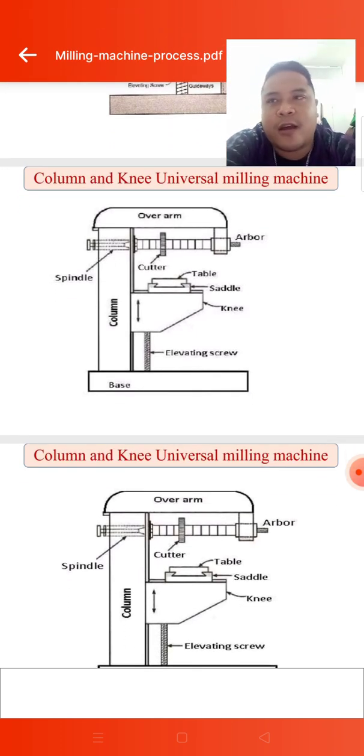So we have that type of milling machine in our shop today, no. Kanang usa ra ka buok nga milling nato, mao na siya gitawag nga column and knee universal milling machine because you can set it up on a horizontal and vertical operation position of the cutting tool, no. So I will be discussing how to set up those vertical and horizontal setups in our milling.